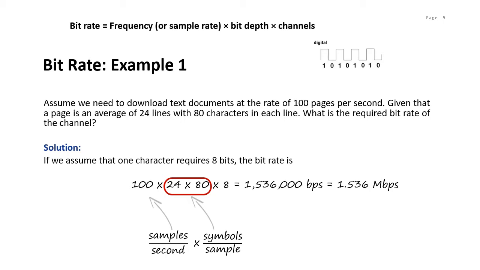And of course you have to multiply by bits per symbol. This unit at the bottom helps you to see whether you got the bit rate right or wrong, because otherwise you might have missed one step. So in this case the bit rate, which is supposed to be in bits per second, is 1.536 megabits per second.